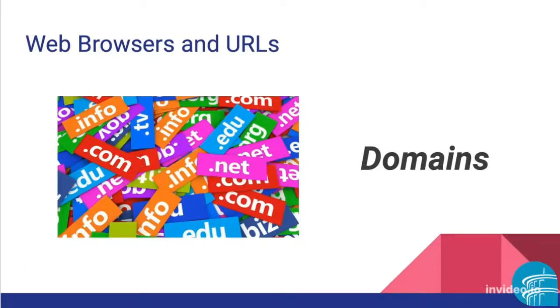Some of the common domains are .com, which is mostly used for commercial companies and businesses, .edu, which is used for educational institutions, .gov, which is for government agencies, .info, which is for informational sites, .net, which is usually tied to an internet service provider like Comcast and AT&T, and .org, which is mostly used for nonprofits.